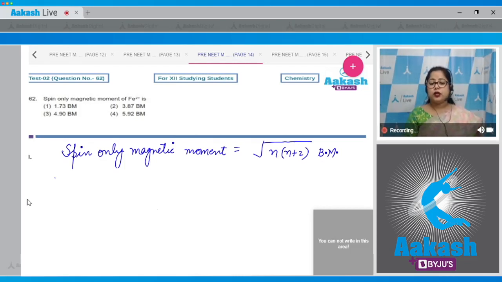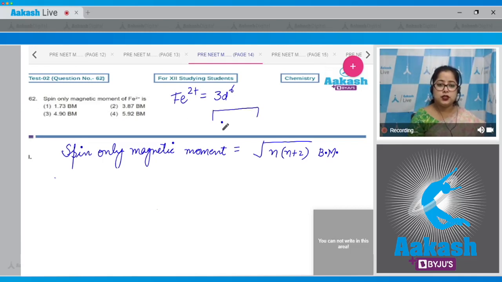Student, now we have to calculate number of unpaired electrons in Fe2+. So Fe2+ has 3d6 configuration and 3d6 has 4 unpaired electrons. We have 4 unpaired electrons. That means the value of n is equal to 4.